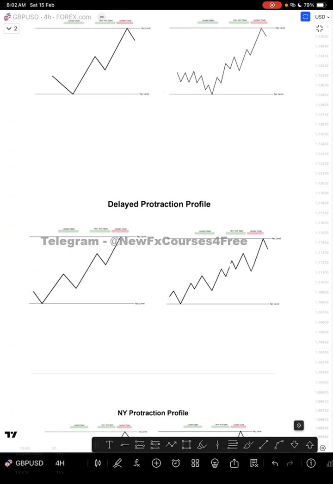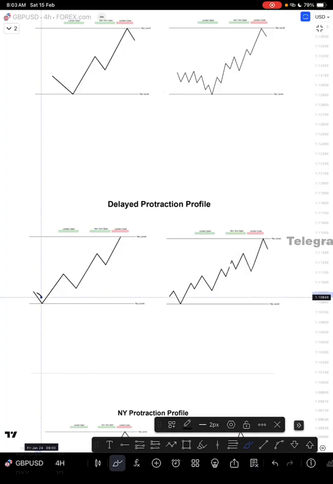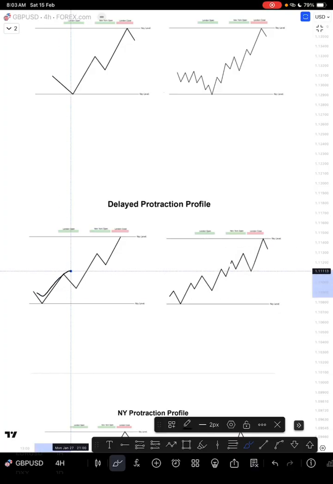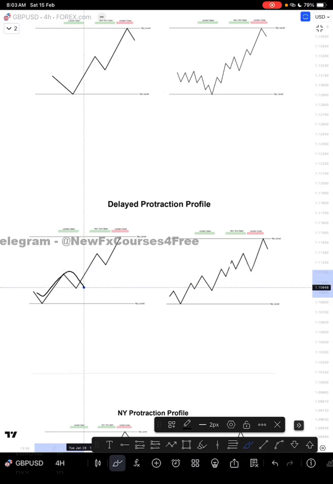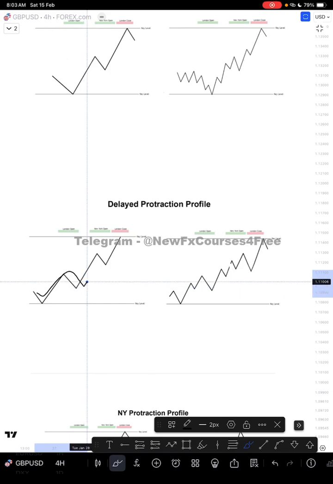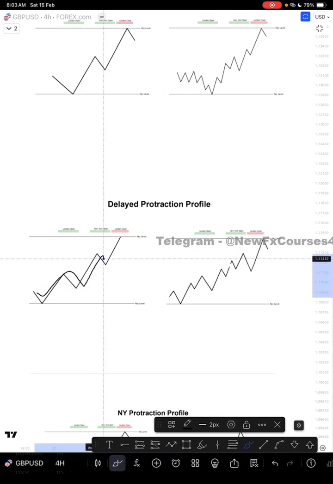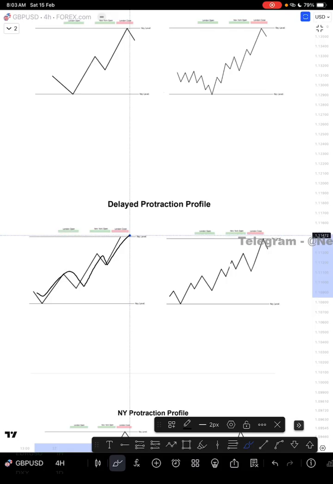So this is the delayed protraction profile, where London opens, rallies, moves lower a bit, then rallies, lower, then rallies.